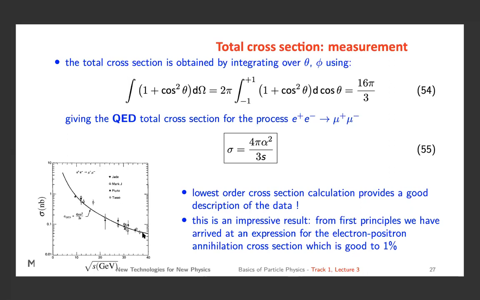This is an impressive result in the sense that from first principles, we have arrived at an expression for the electron-positron annihilation cross-section, which is good up to 1%. So you see, this is how theory is tested with experiment and is confirmed.